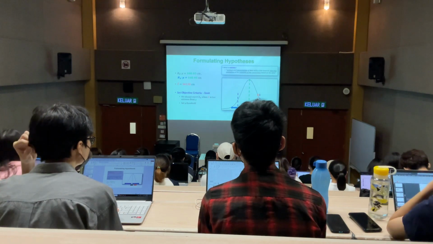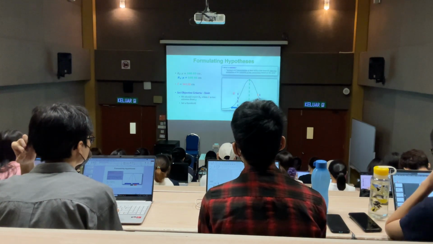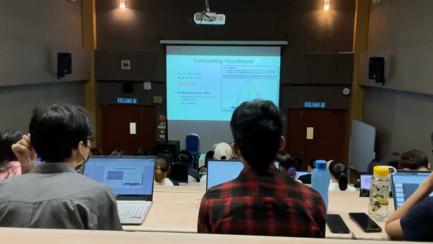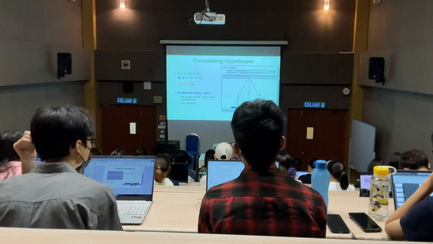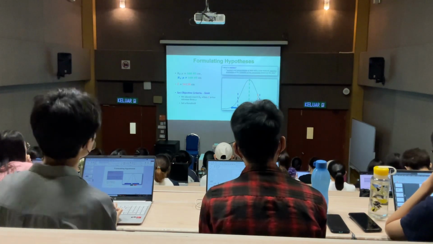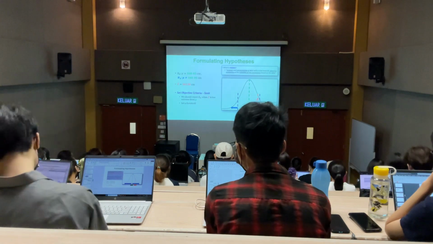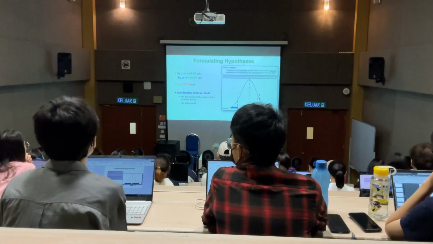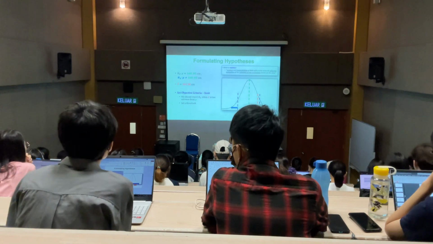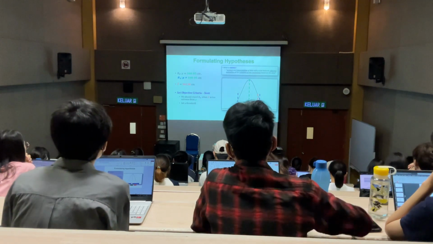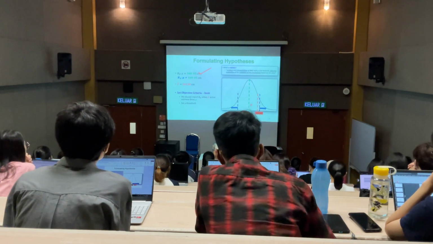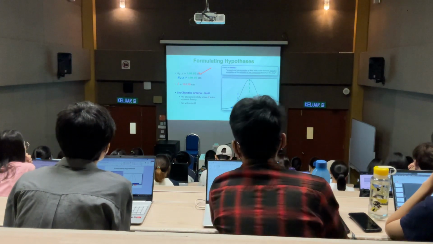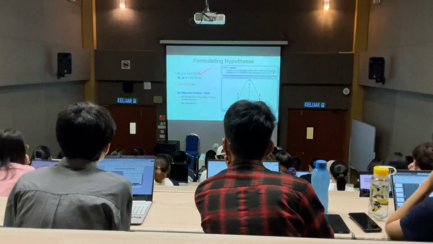And then let's say you set the threshold over here, and your sample mean is still within the intervals. If it's still within the intervals, then you need to accept your null hypothesis. The sample mean is equal to the population mean.